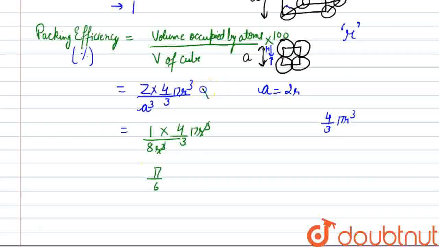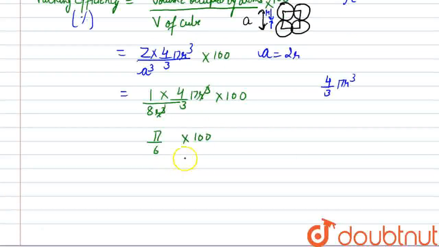We have 100 also, pi by 6 into 100. Now this is the packing fraction, and in percentage it will be pi by 6 into 100. Now if we find, it will be equal to 52.4%. So this is the packing fraction of this simple cubic unit cell.